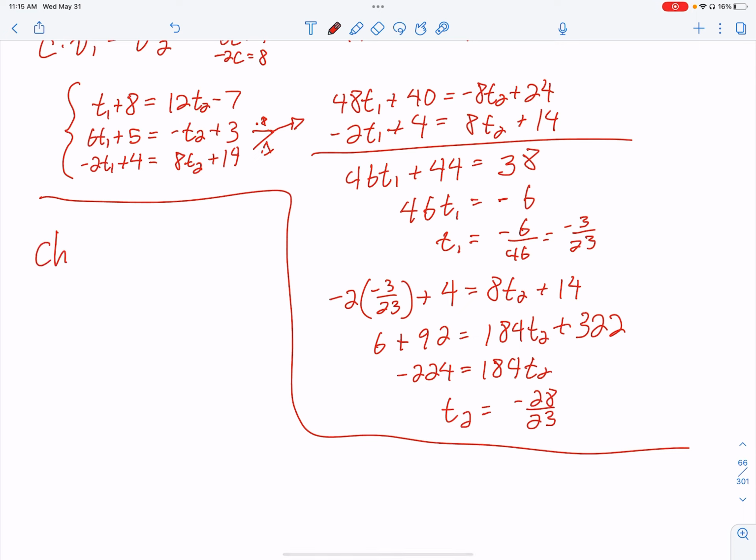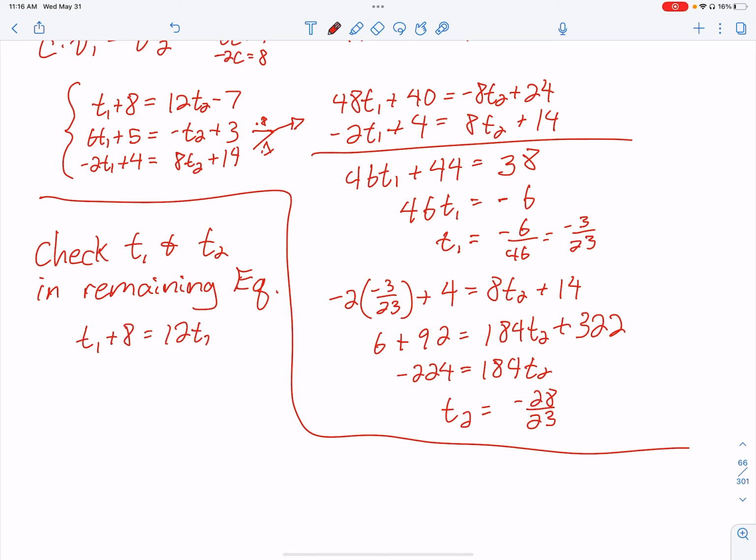So now we have to check t1 and t2 in the remaining equation. That was our top one. So that was t1 plus 8 equals 12t2 minus 7, and we're going to plug in these nasty numbers. Negative 3 over 23 plus 8 equals 12 times negative 28 over 23 minus 7.